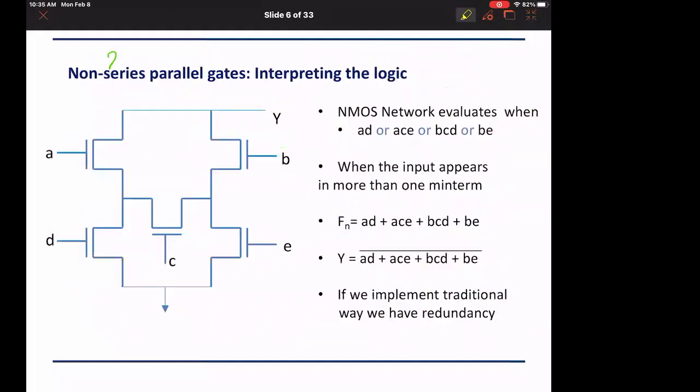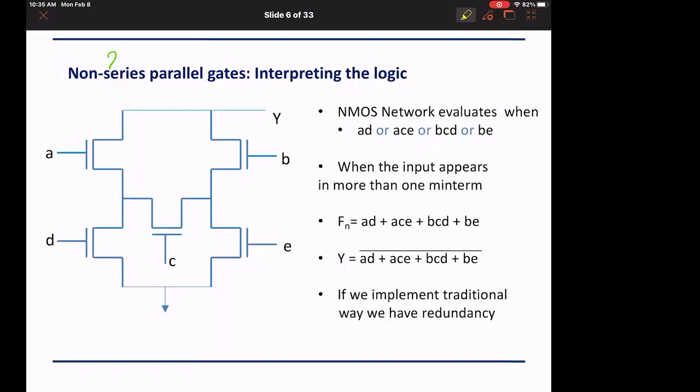Let us now look at this CMOS gate implementation. I don't have the typical network that I know how to draw. Somebody drew it because they found that it is optimal. This is the output node, and this is the ground.